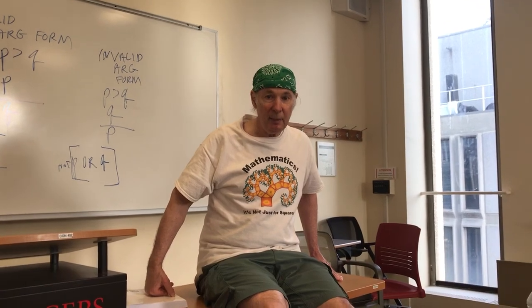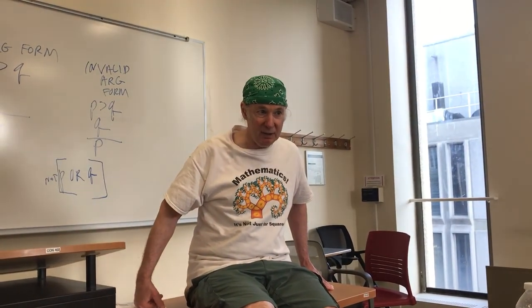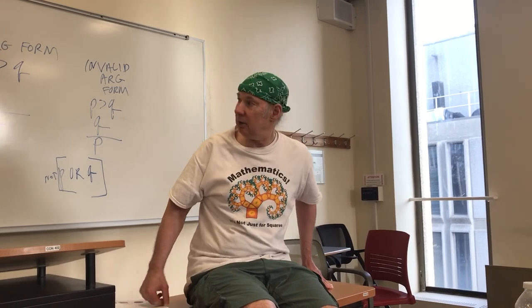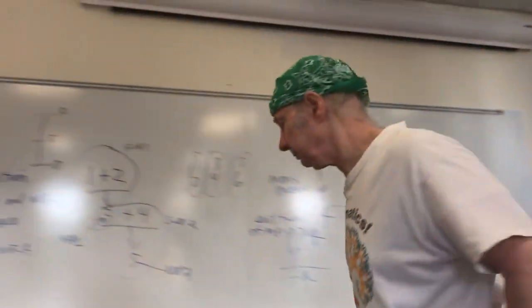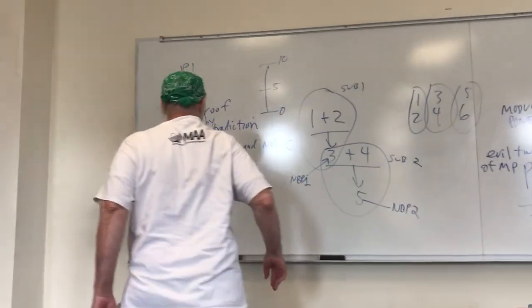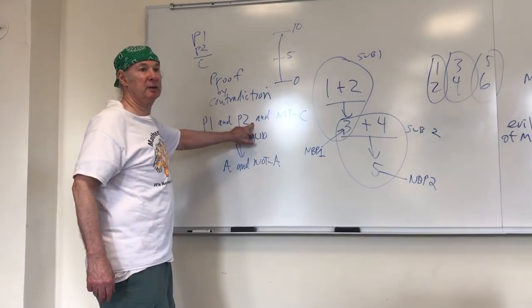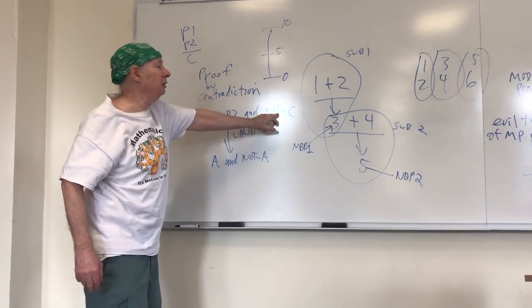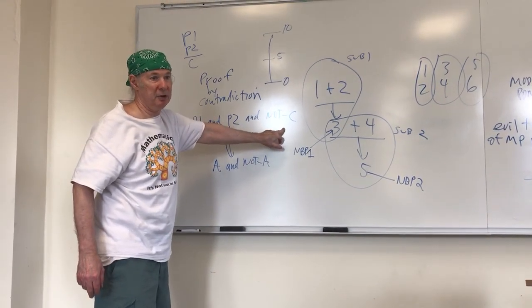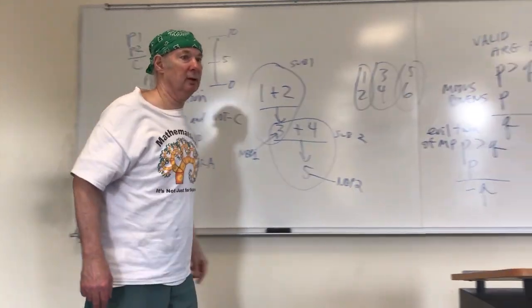Now, if your argument by contradiction is valid, that means there's some set of circumstances under which this is false and these are false. But if you know P1 and P2 are true, then you know that that must be false. And thus, the conclusion is true.